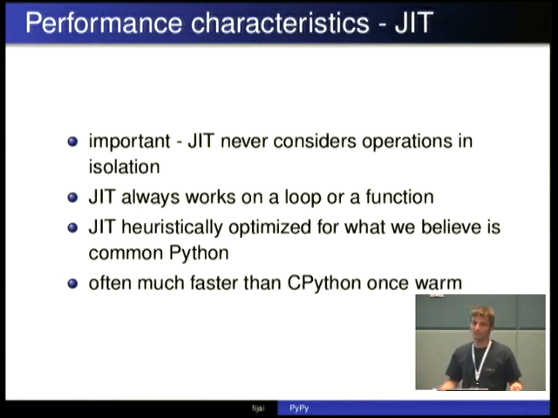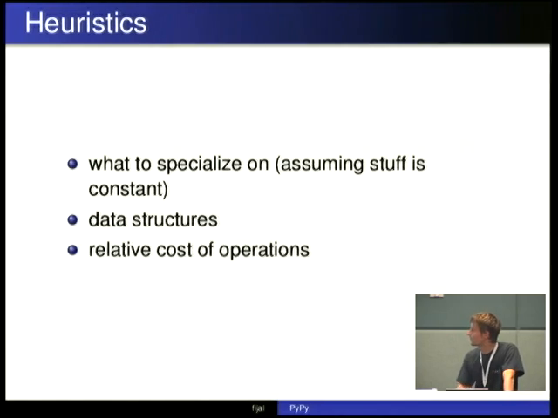It's often much faster than CPython for things that run at least 1 second, for example. It depends on the size of your program a bit, but typically if your program runs 0.1 seconds, there's no point in even trying to invoke PyPy, because it will not get the time for the JIT to warm up.